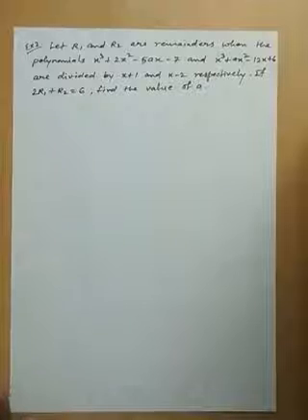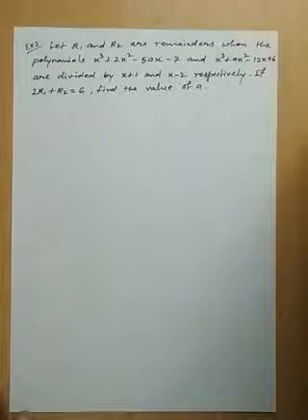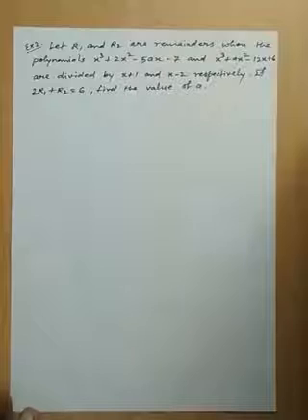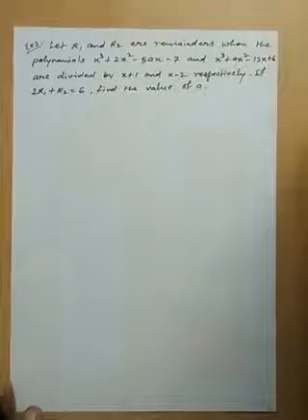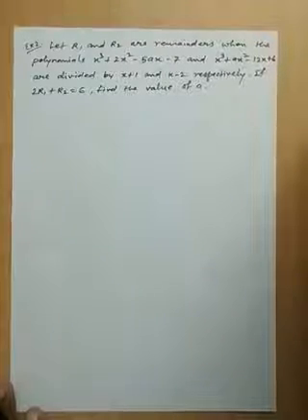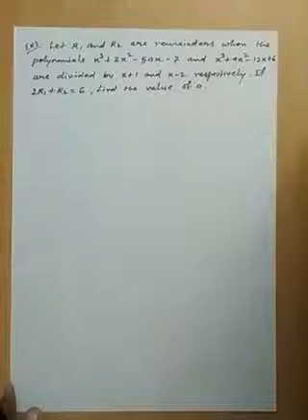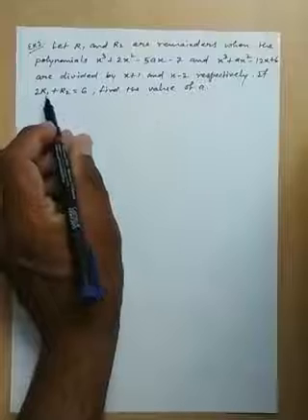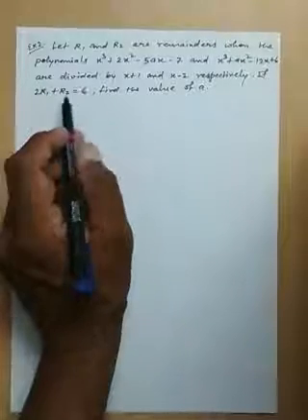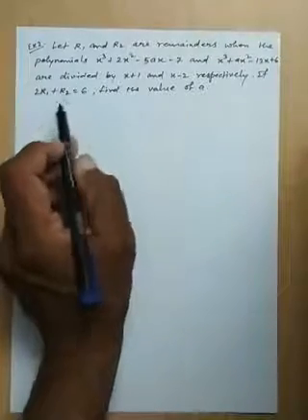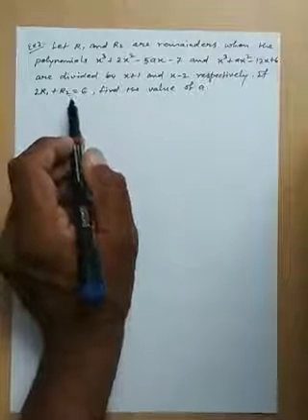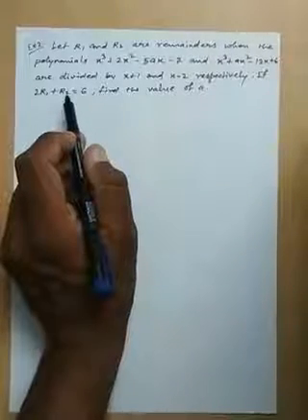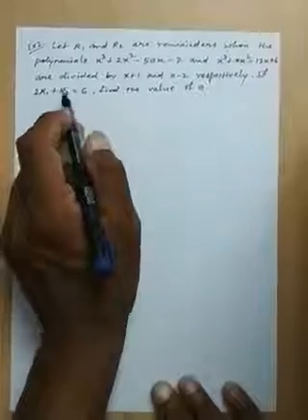First polynomial is divided by x plus 1 and the second polynomial is divided by x minus 2. And here a is to be found if 2R1 plus R2 equal to 6. This is the given condition, and we can first of all find the values of R1 and R2 and put them in this equality, and we will find our answer, which is the value of a.